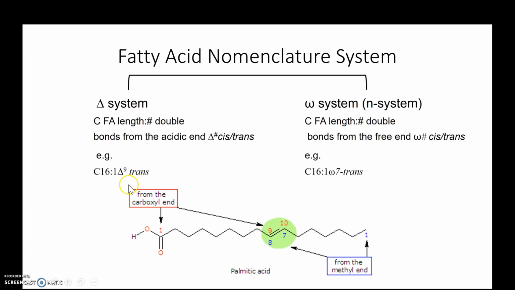We have 1 double bond, followed by delta, and then the superscript of where that double bond is, which is at carbon number 9, followed by trans. And it's the same thing with the omega system, except that instead of writing a delta, you'd write an omega, and then you follow the omega by where that double bond is with reference to the methyl end as opposed to the carboxylic acid end.